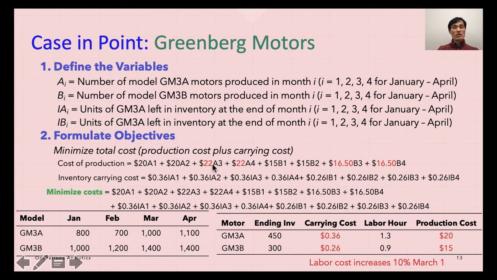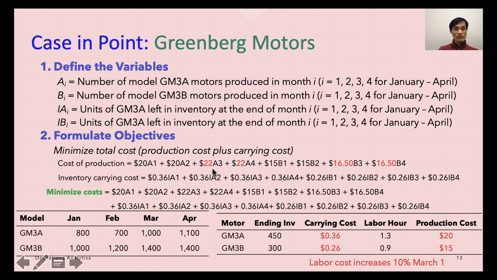And we also have inventory carrying cost, right? And we learned that it's 36 cents per unit per month. That's what we learned from the information given. So 36 cents times A1, and so on for GM3A in January, February, March, and April.